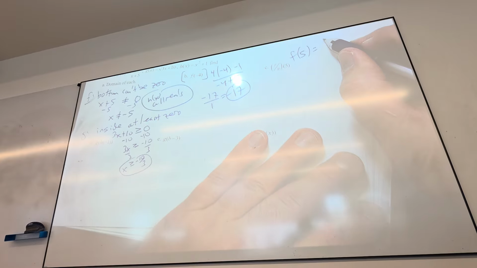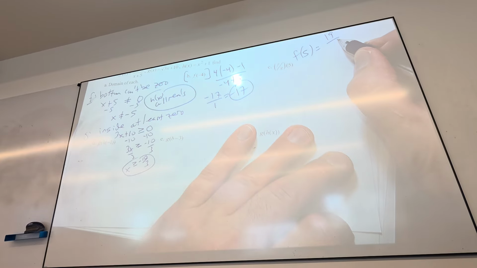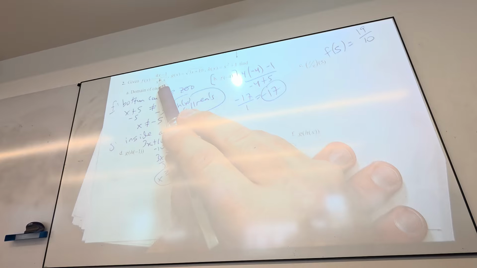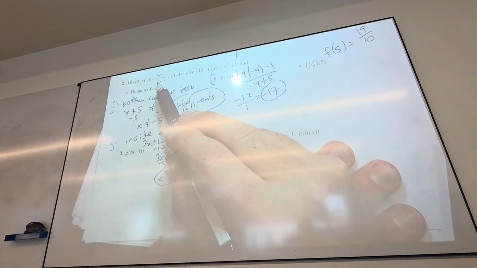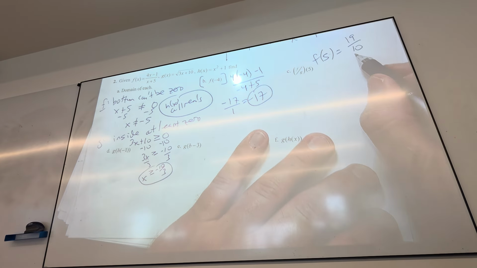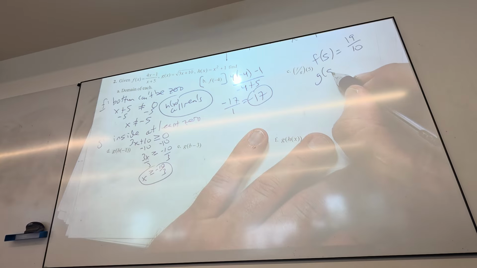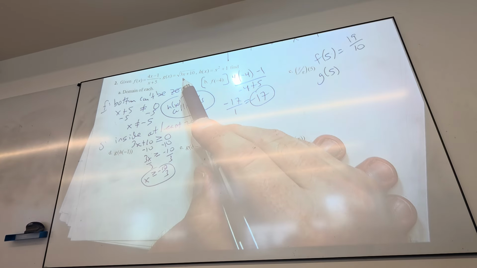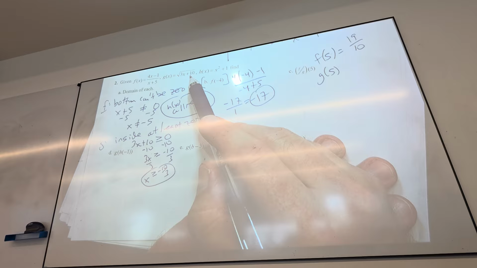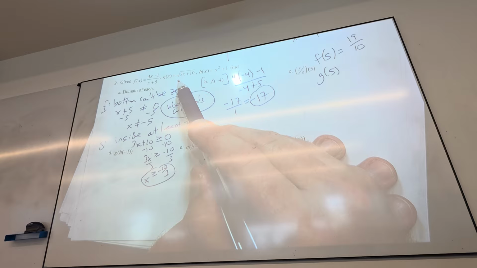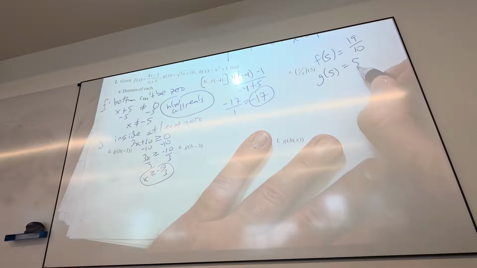That would be 20 minus 1 divided by 5 plus 5. So 20 minus 1, 19, divided by 10. So that's f of 5. What's g of 5? 3 times 5 is 15, plus 10, square root of 25, which is 5.